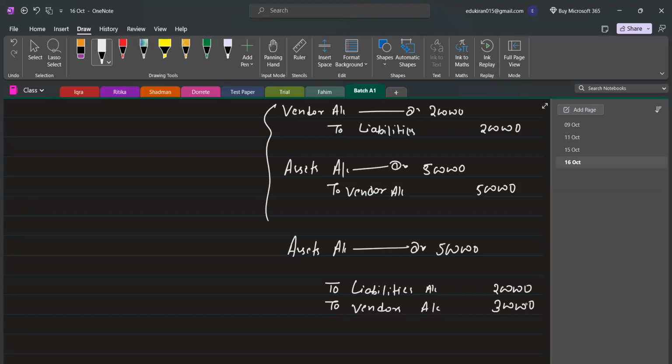Did you understand this part? Actually, what we have done, vendor on the debit side, vendor on the credit side is given here. So we have deducted the amount, 5 lakh minus 2 lakh, 3 lakh on the credit side. And asset is debited, liability is credited here.